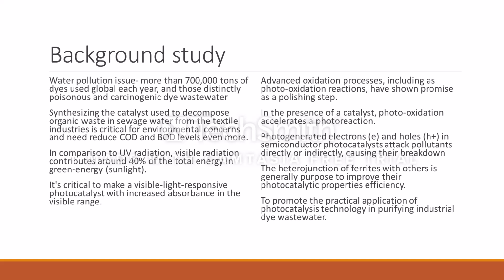When we compare the radiation, visible radiation contributes around 40% of the total energy. Therefore, it is critical to make visible light responsive photocatalysts, so we can increase absorption in the visible range. In the presence of the catalyst, photooxidation accelerates the photoreaction.